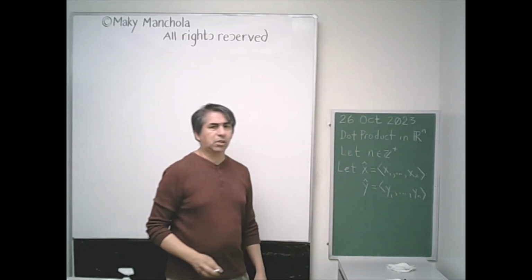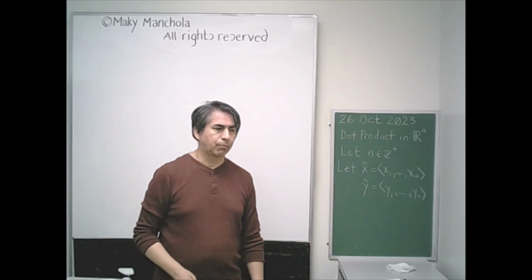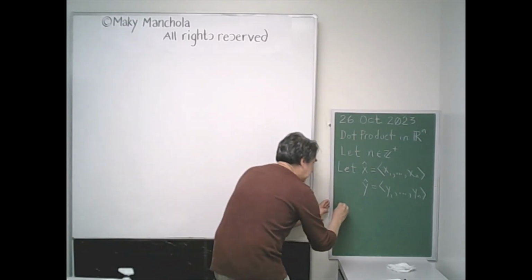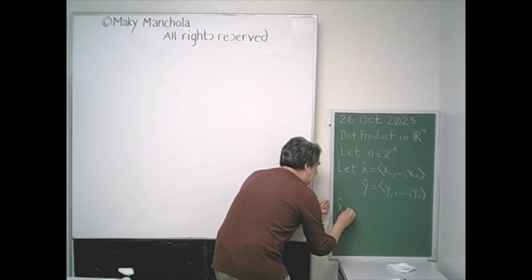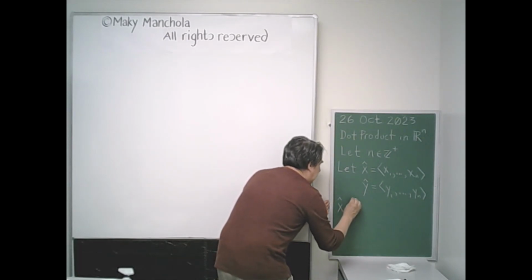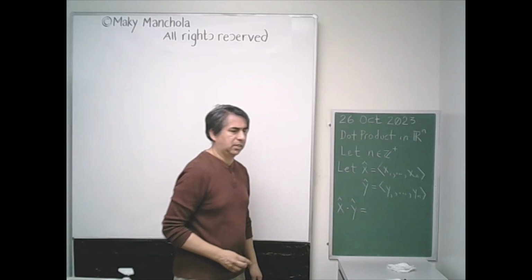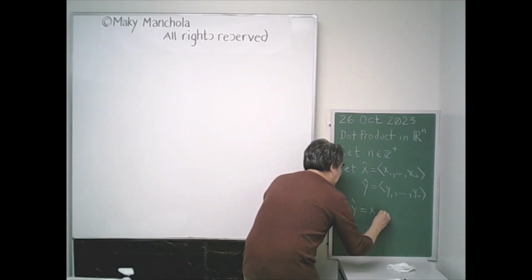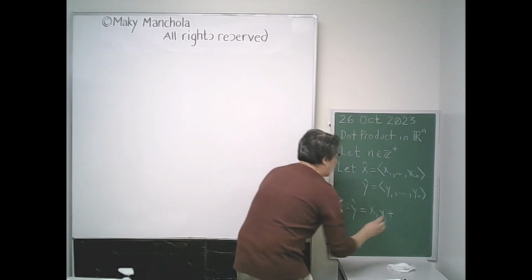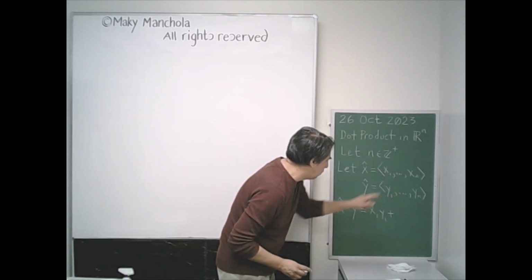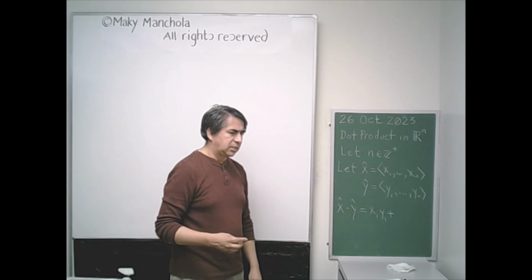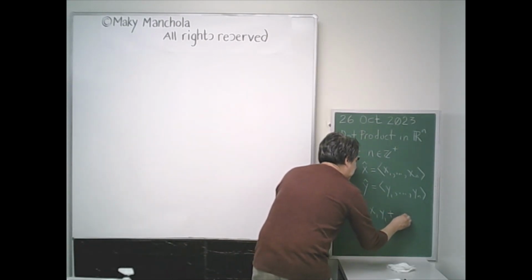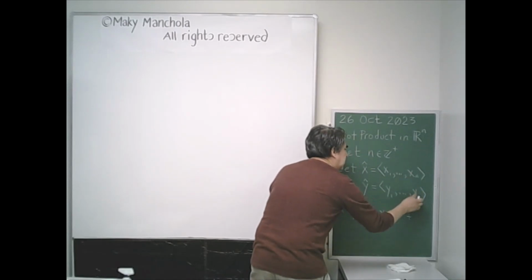The dot product of x and y, x hat dot y hat, is the quantity x1 times y1, plus and so on up until the very last product, xn times yn.